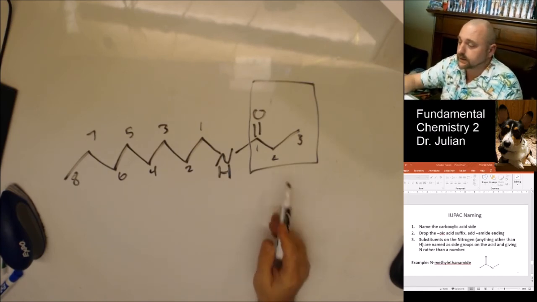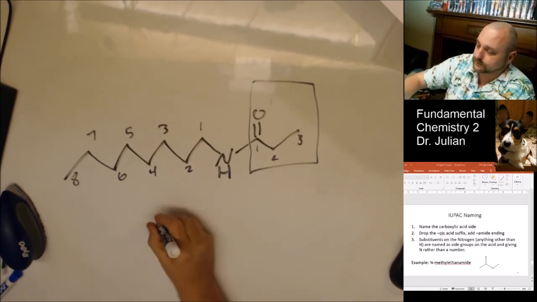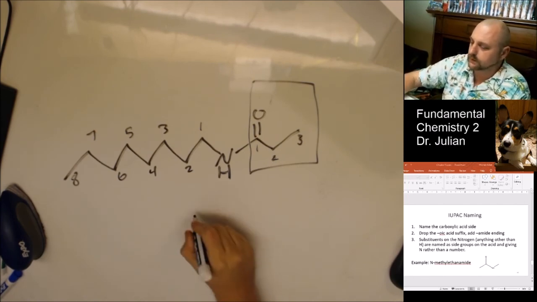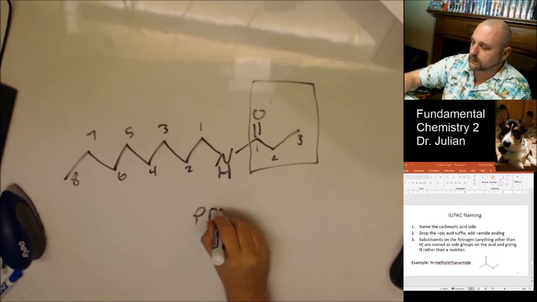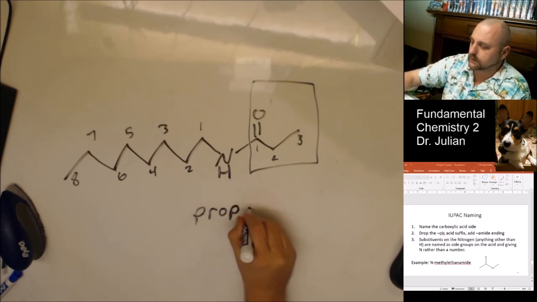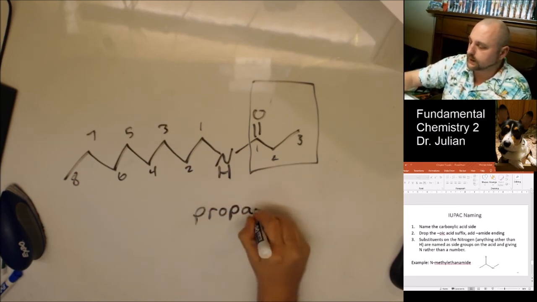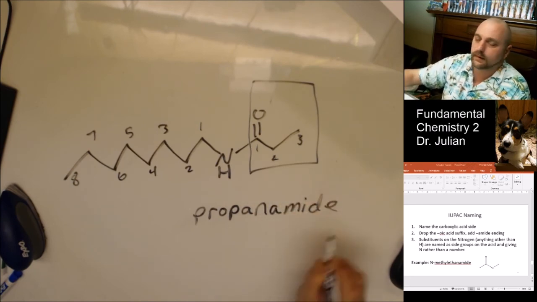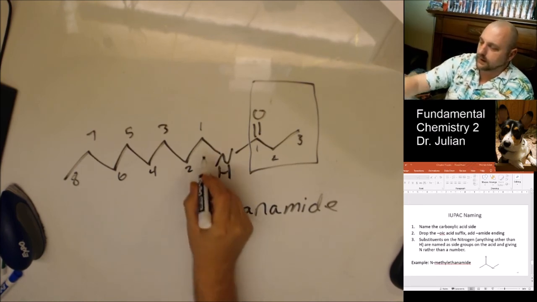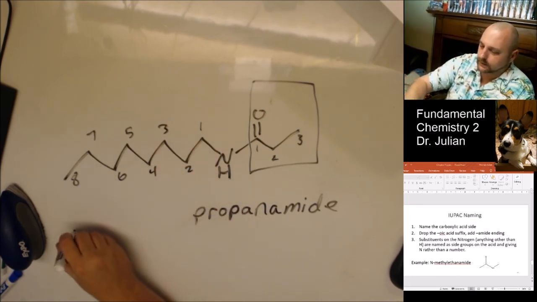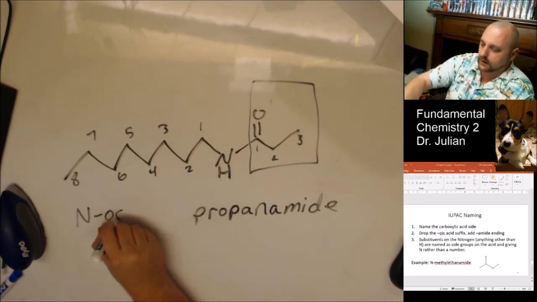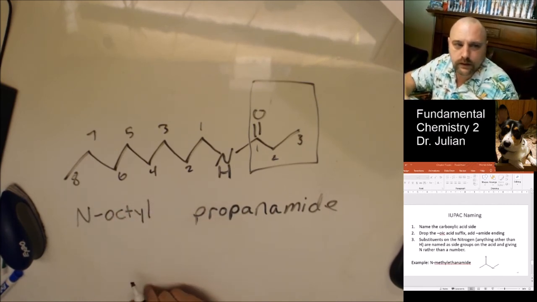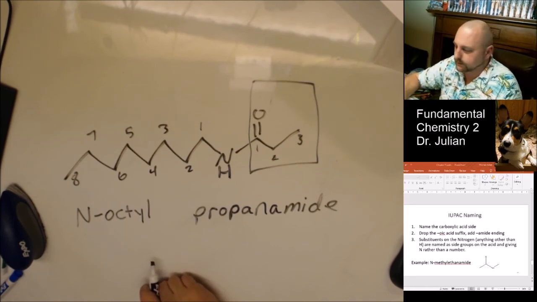That is our acid side. And so it was propanoic acid, and it becomes propanamide. And then we have 8, so this is N-octyl propanamide. No space. N-octyl propanamide.